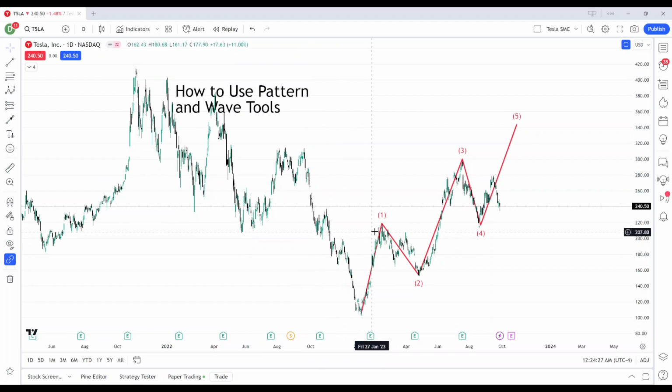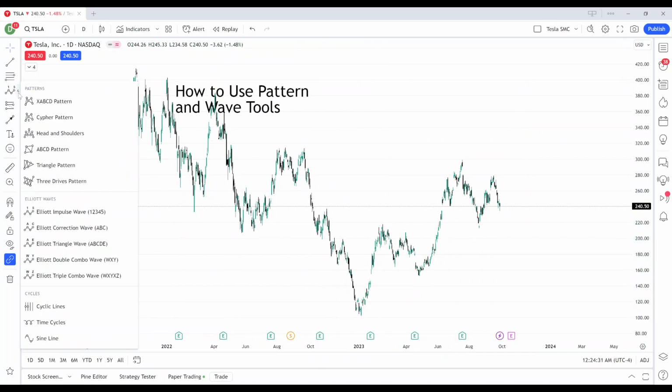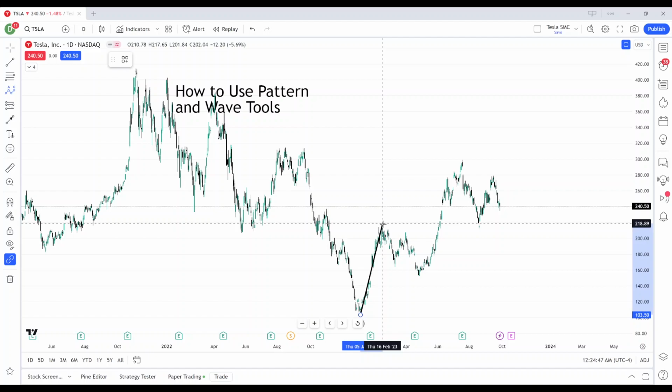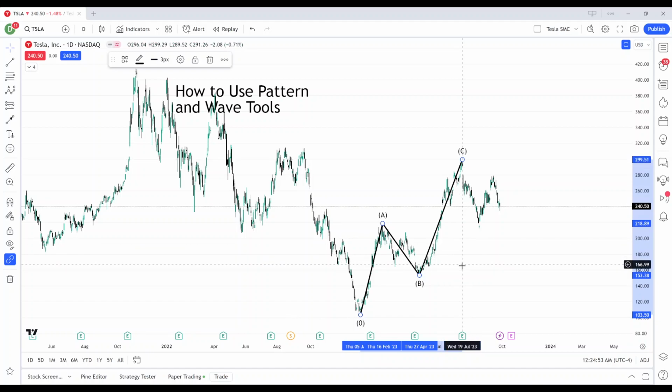Now the next one I'm going to show you is the Elliott Wave correction tool, which is how to chart corrective patterns, and those look like ABC moves. So they're actually only 3 waves. So just an example, because we don't know how this is going to play out yet, we so far have an A and a B and a C, right?